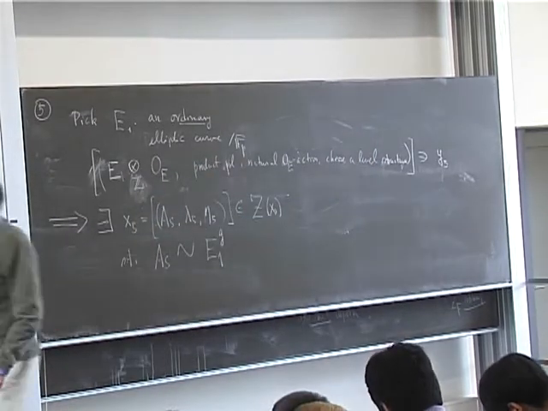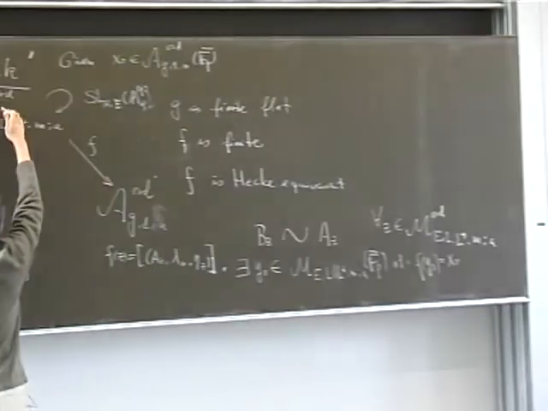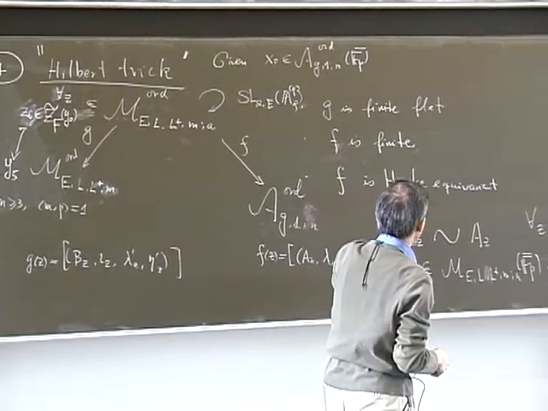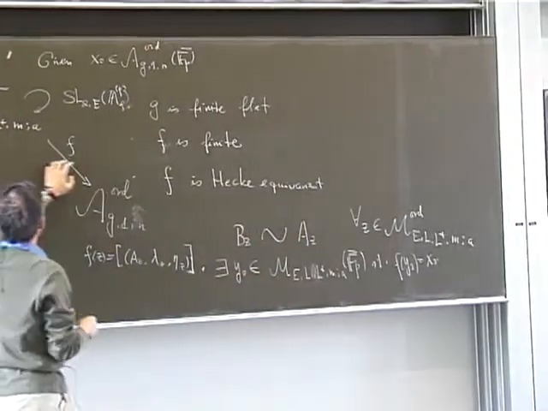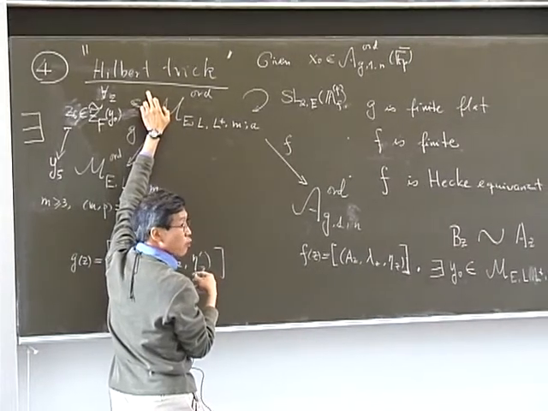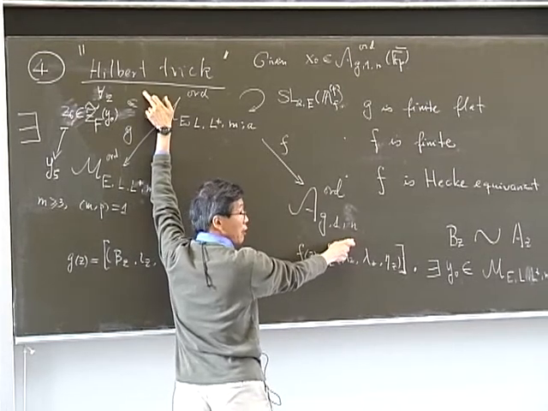I'll repeat the logic. So I know that here I have a point, here I have a point, I think that's denoted y0 here. So at point y0, the Hecke orbit of y0 maps to the Hecke orbit of x0. That's Hecke equivariance.